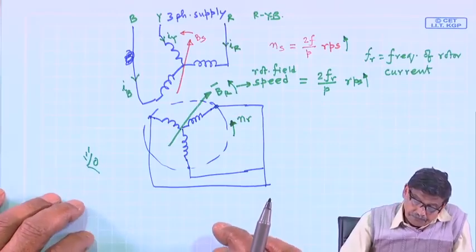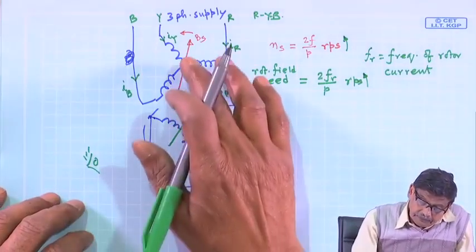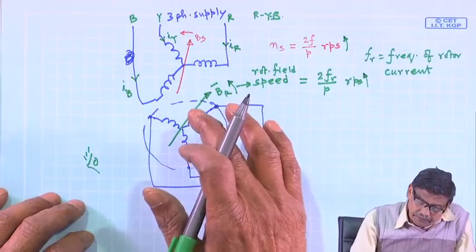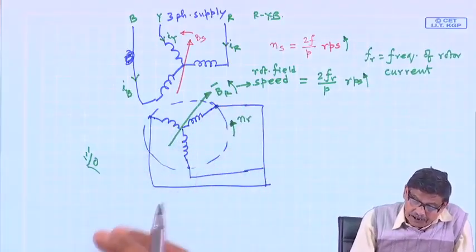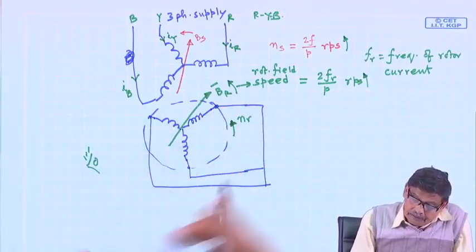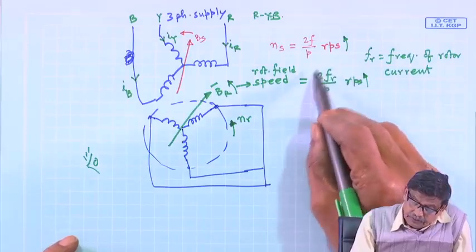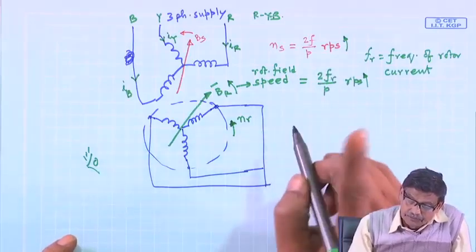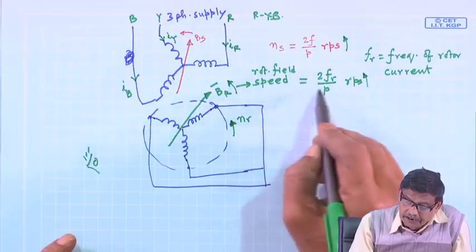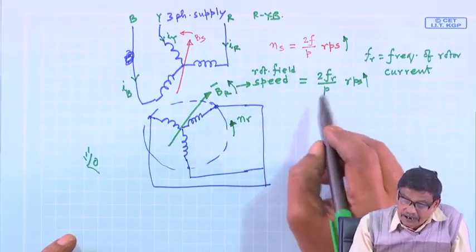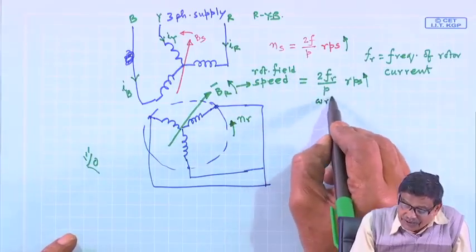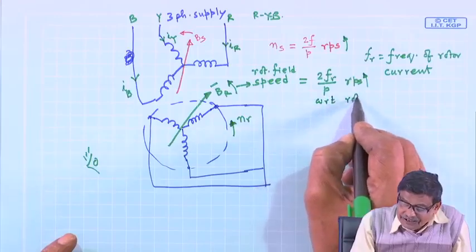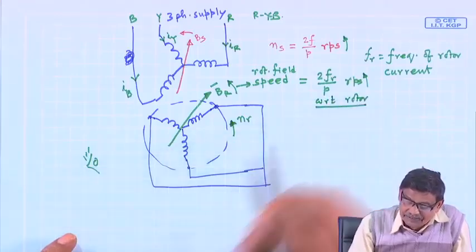Now, Bs is there, Br is there. The rotor field speed, 2 Fr by P, I am sorry, if you write it, is with respect to the rotor, the structure which houses the winding.